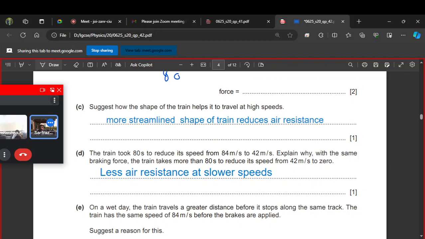A wet day means there's less friction, and so less friction means there's less force. There's less resultant force on the train, and so it travels a greater distance.